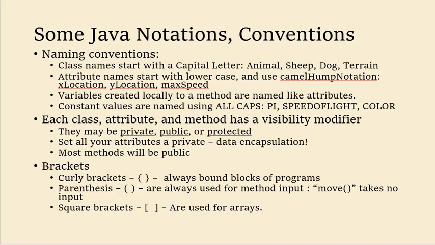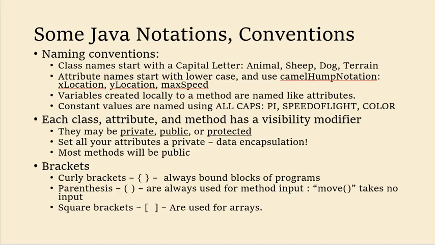Constant values, all caps. So pi is a real honest-to-gosh constant value inside of Java, and it's PI, capital PI. These are conventions, which means your code will run even if you don't follow them, but basically people won't hire you because they don't think you know what you're doing.